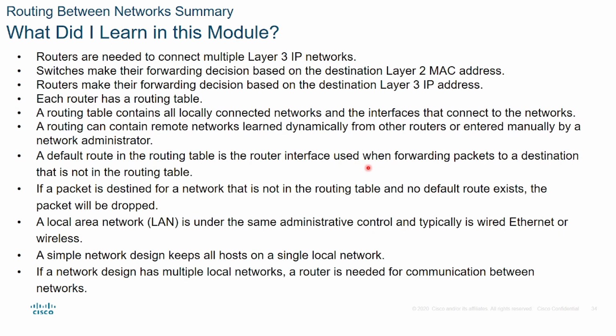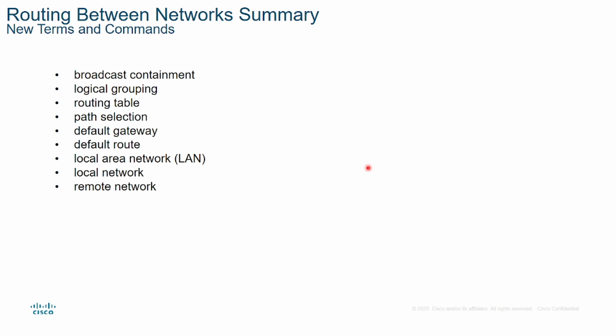For example, if Access Bank wants to send a message from one branch to another branch, that is possible because the message is going to be routed from that particular branch to another branch. So there's a router in between the networks. Then we also understood what broadcast domains are: physical grouping, routing table, path selection, default gateway, default route, local area network, local network, and remote network.